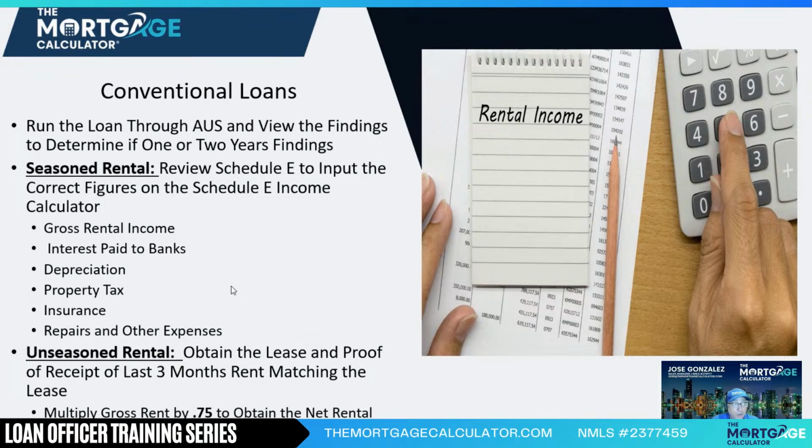Now, the next two are a little bit confusing: property tax and property insurance. Now, in the Schedule E income calculator, the section for property tax is shown with a plus, meaning an added back item. The same as the insurance is shown with a plus, the added back item.